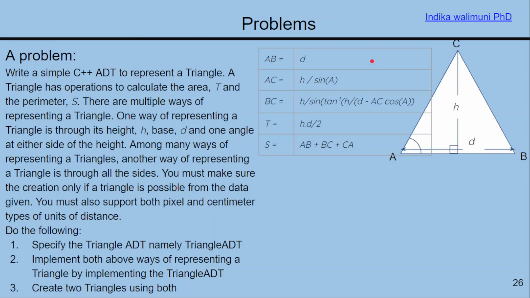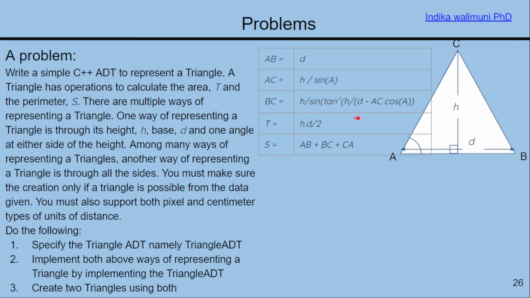So this is that. We have the height and the base D, and then I'm talking about this angle. So when we have this data, this is a unique triangle now, and then we can basically write each side in terms of this data using trigonometry. So AB is D, the base, and AC is divided by sine A, and likewise for CA.